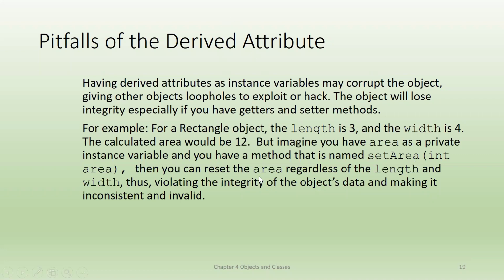Yes. So having derived attributes would make it so that you can change it to be whatever you want, and it ends up with an undesirable result. And this is an example. Your length is 3, your width is 4, your area should be 12, derived 12. But if you have area as a private instance variable and you provide the setters and getters, for a private instance variable you always have to have a get method and set method.